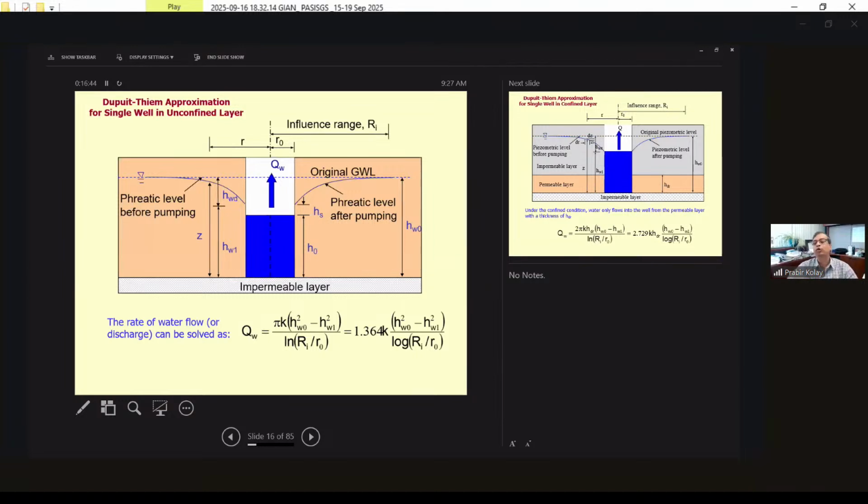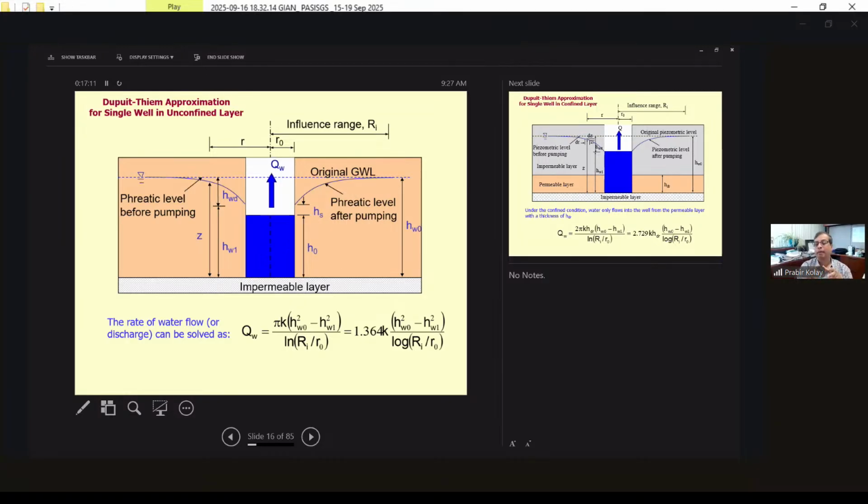Then, how to calculate how much water is coming out from the well. Everyone knows how to calculate that using the Dupuit-Thiem approximation. Q_w = Q, this is the equation for an unconfined aquifer. There are unconfined and confined aquifers, and this is for a well penetrated to the full depth.